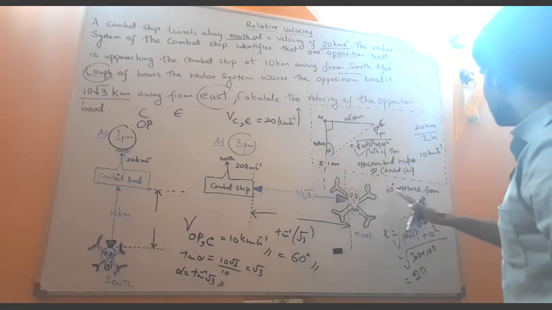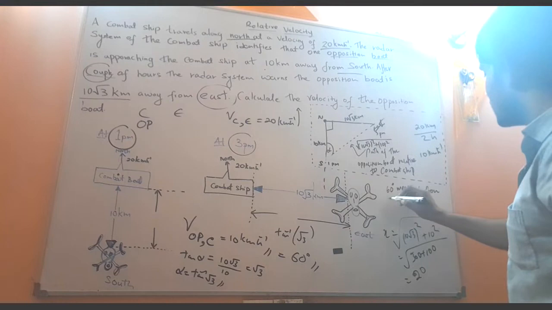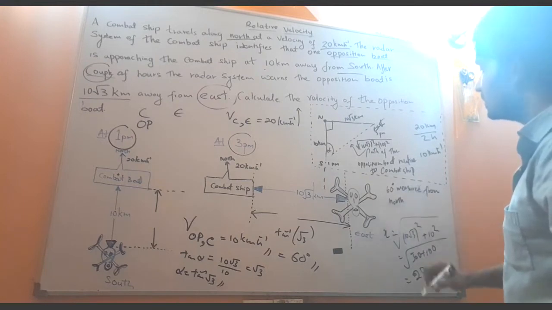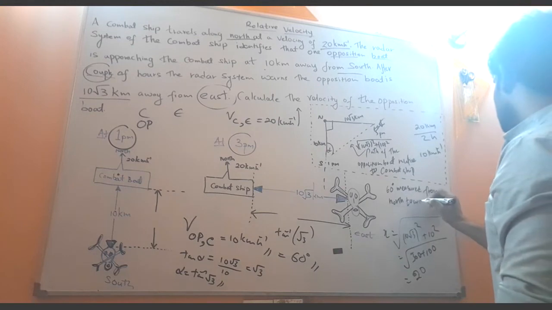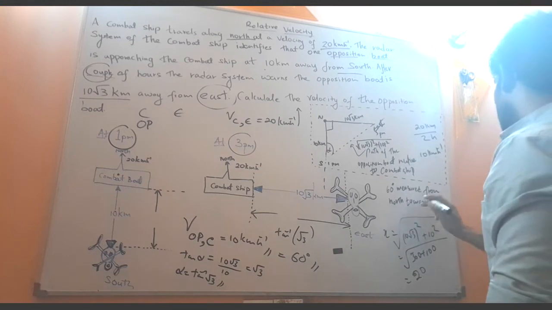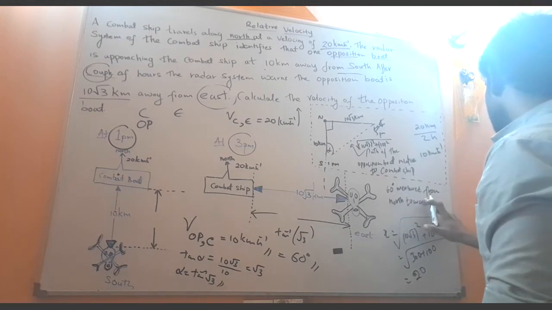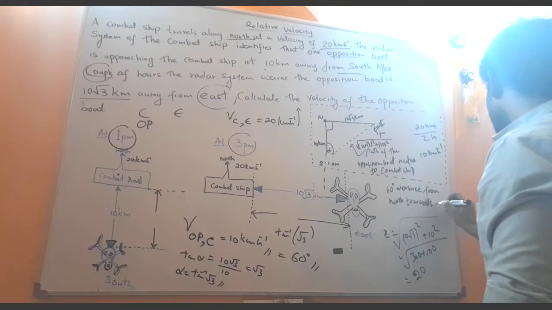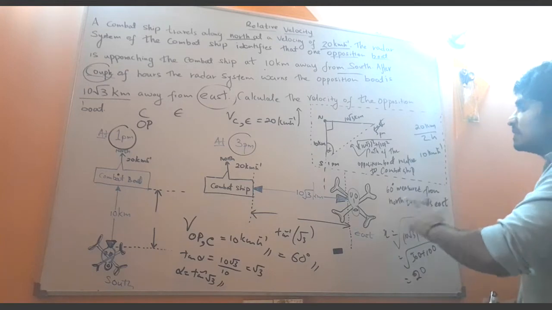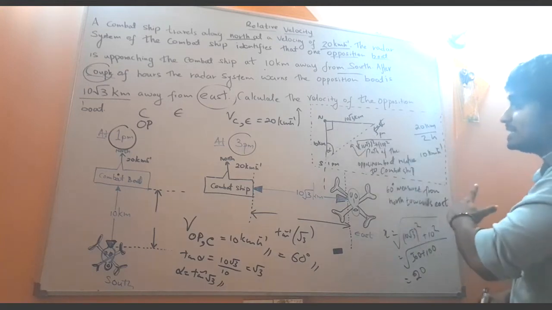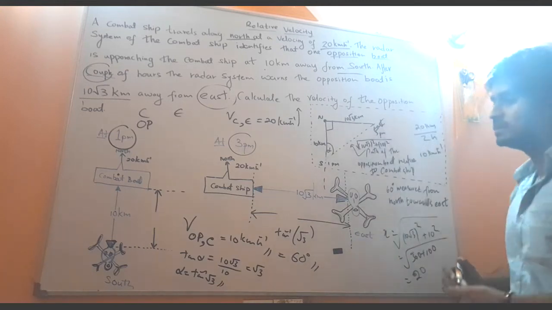So 60 degrees measured from north towards east. So what is the angle? 60 degrees measured from north towards the east direction.